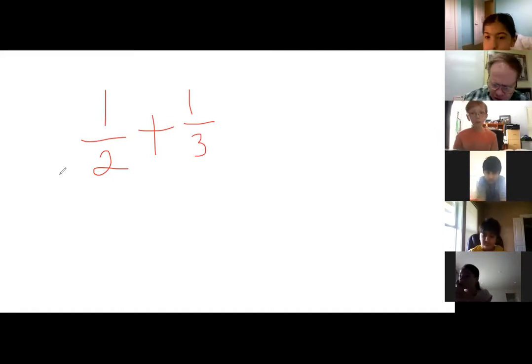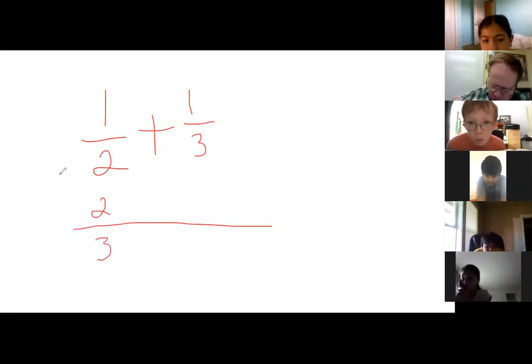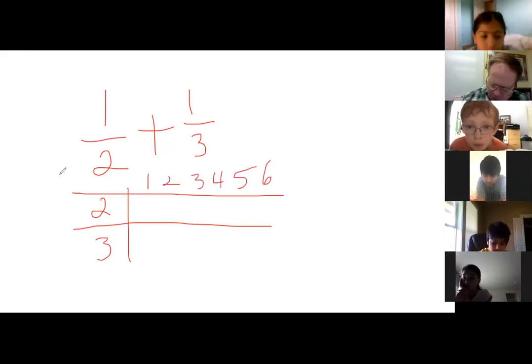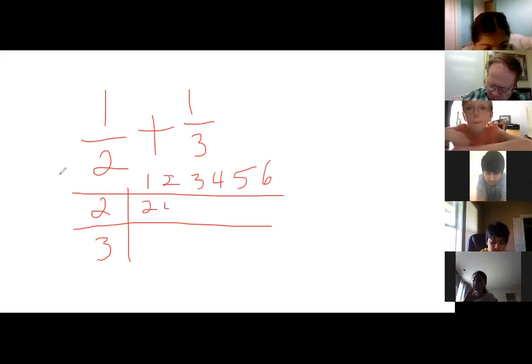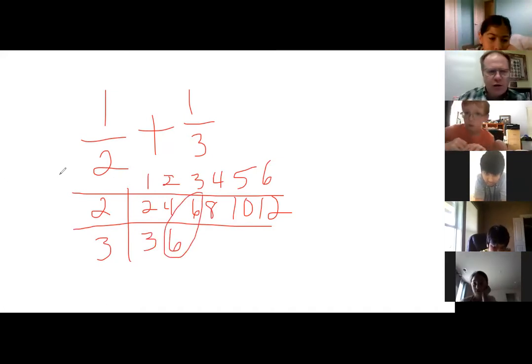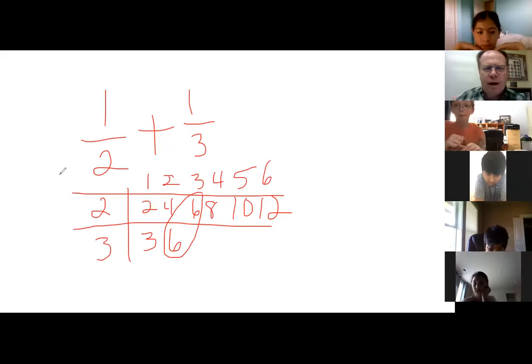But to know for sure, you have to do your multiples like you've done before. Okay, so if we count by 2s, we get 2, 4, 6, 8, 10, 12. If we multiply by 3s, you get 3, 6. Oh, we already found it. There's our lowest common denominator now, okay?